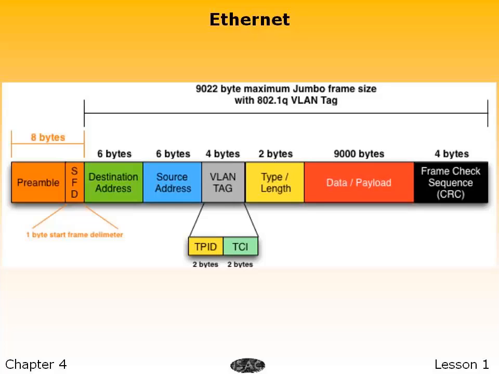The middle section of the frame consists of payload data, including any headers for other protocols carried in the frame, usually the upper layer protocols. The frame ends with a 32-bit cyclic redundancy check, which is used to detect corruption of data in transit.